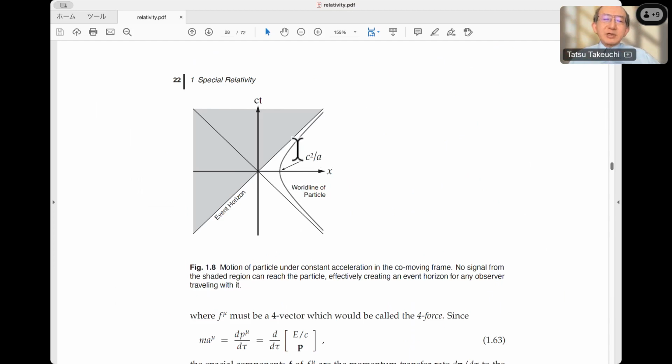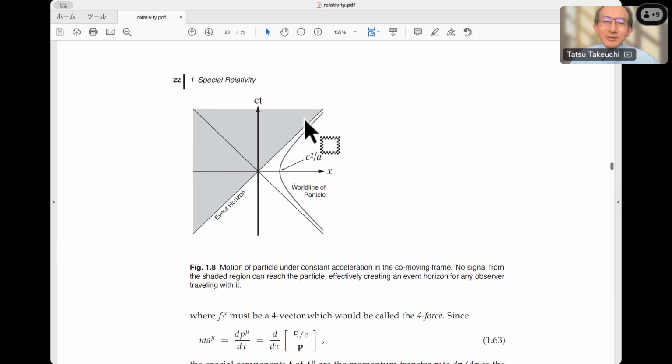What that means is that a light pulse emitted anywhere in this gray region will never reach you. The light pulse emitted from the origin will chase after you at the speed of light, and even though you're always moving slower than light, that light pulse will never catch up to you.